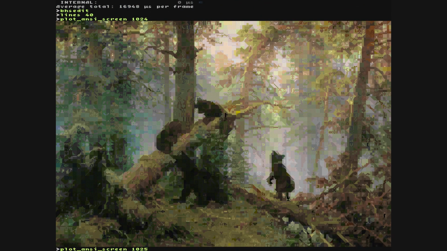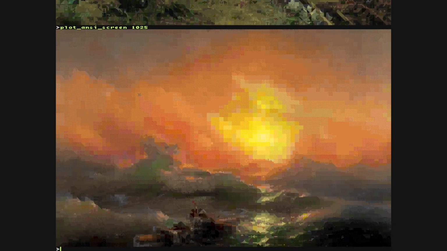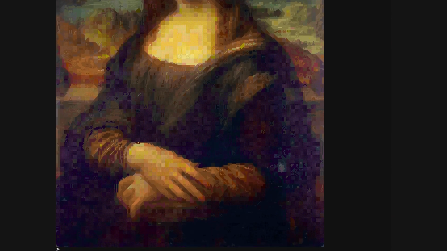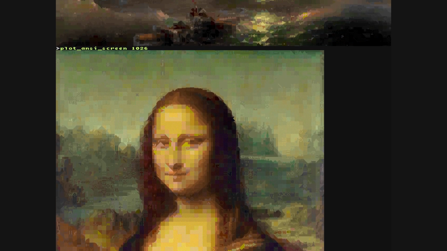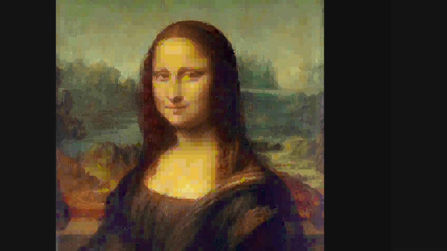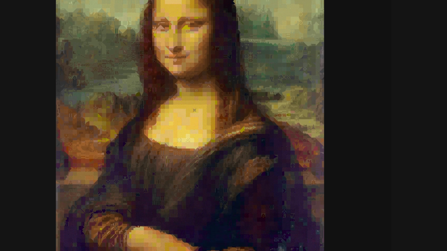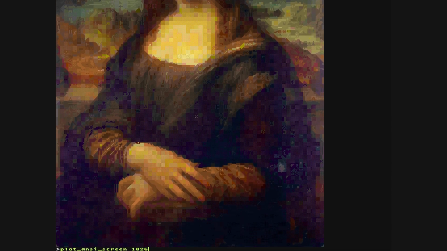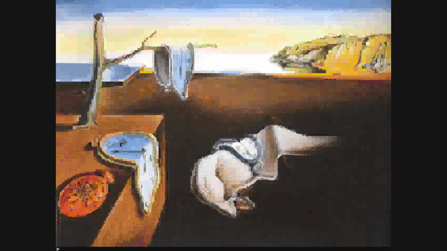It can be pretty neat. Of course, here's Mona Lisa, and you can see that I've kind of solved the mystery of her smile, and all of them are using the same console color palette.